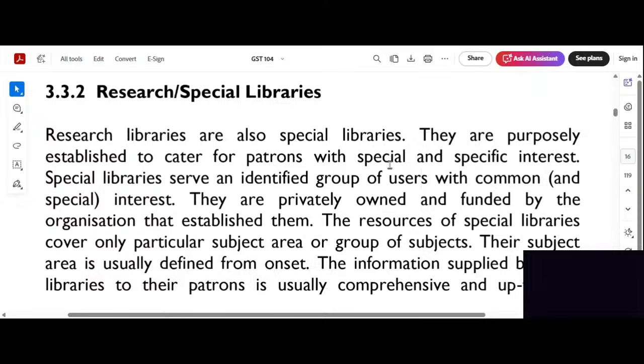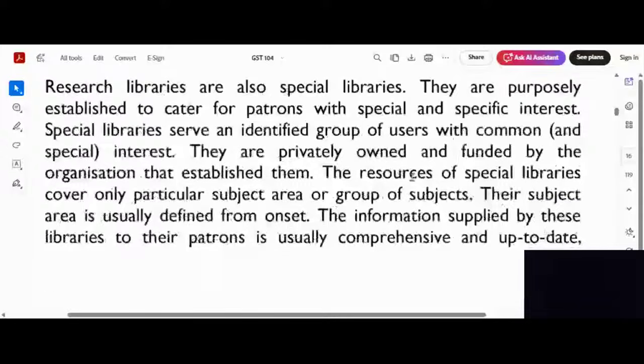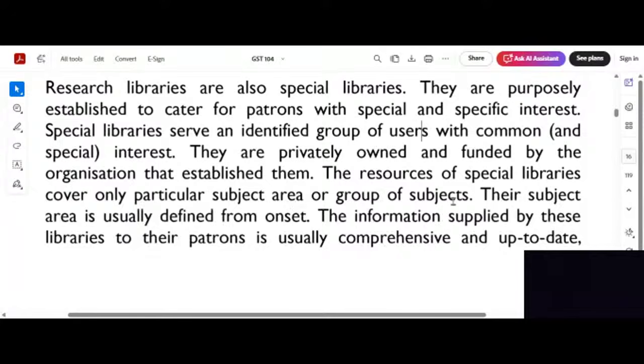What we are saying is that research or special libraries are purposely established to cater for patrons with special and specific interests. Now, special libraries serve an identified group of users with common special interests. They are privately owned and funded by the organization that established them. The resources of special libraries cover only particular subject or group of subjects.